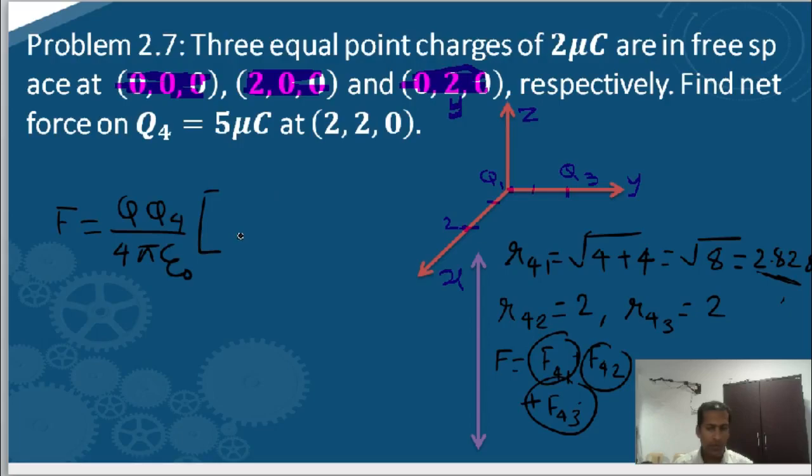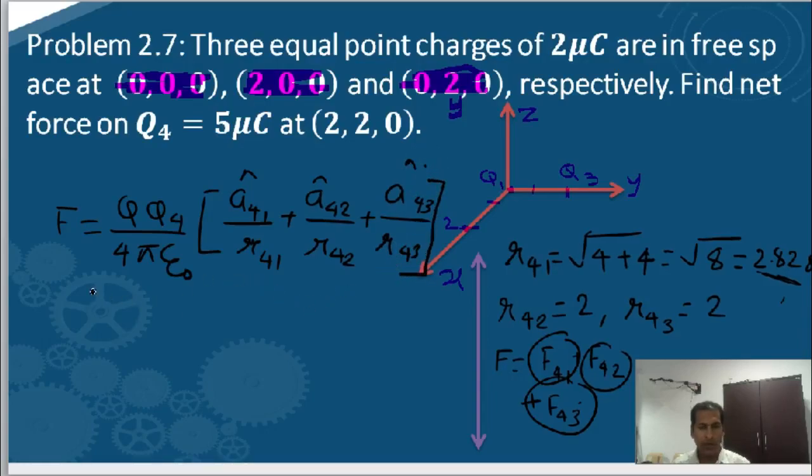Then we have a41 cap by R41 plus a42 cap by R42 plus a43 cap by R43.